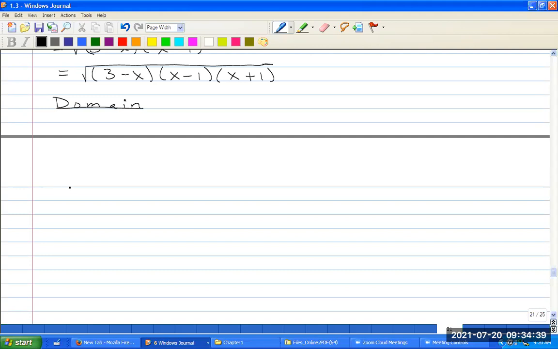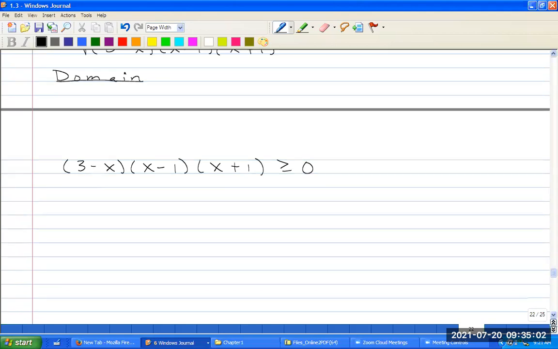For my domain, I do not want to take the square root of a negative number. So I want this product here to be greater than or equal to 0.